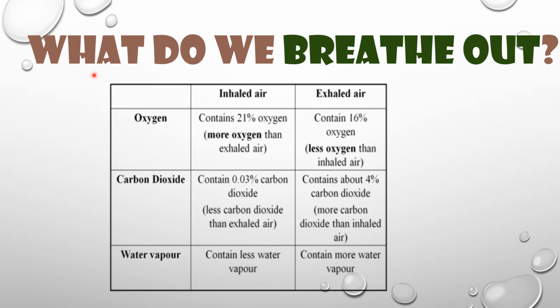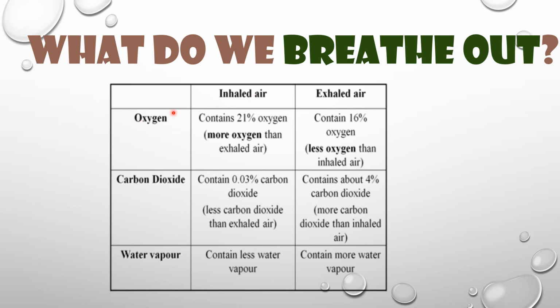Next is, what do we breathe out? See, in breathing two processes are there: inhalation and exhalation. Which things does inhaled air contain, and which things does exhaled air contain? First, oxygen.